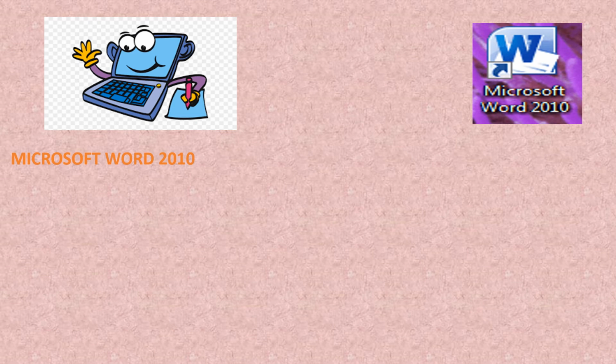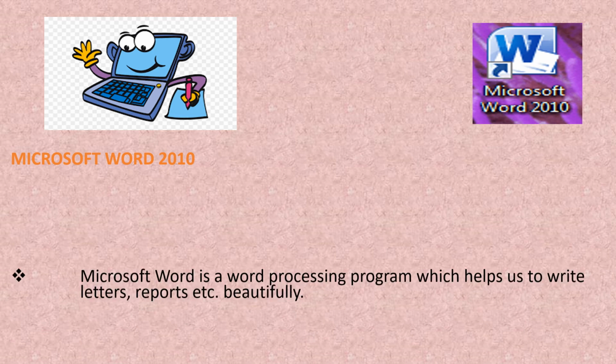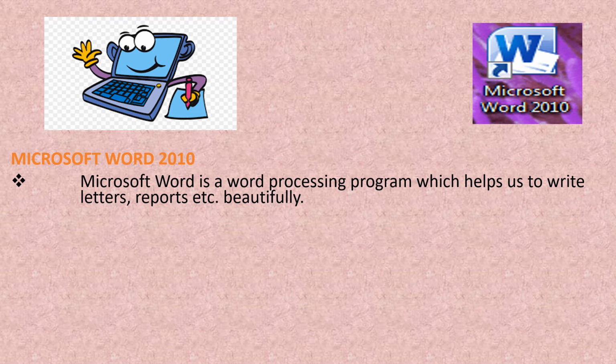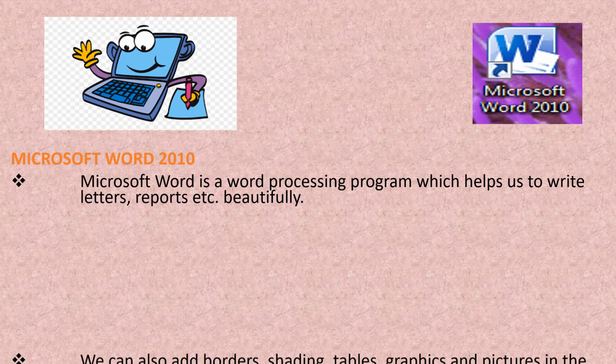Since we are studying Microsoft, we are going to study Microsoft Word 2010, which we use nowadays. Microsoft Word is a word processing program which helps us to write letters, reports, etc. very beautifully.